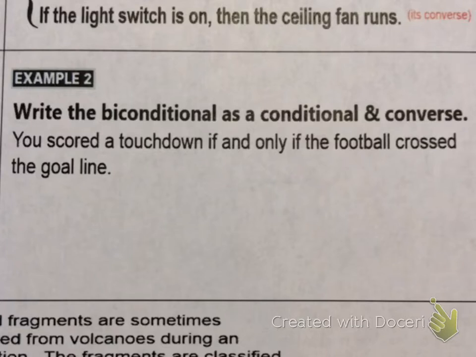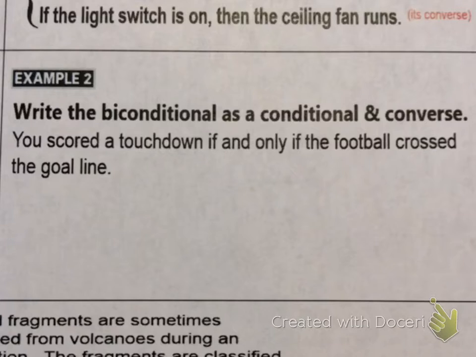Our first statement would be, if you scored a touchdown, then the football crossed the goal line. And then the second one would be, if the football crossed the goal line, then you scored a touchdown. So you have it frontwards and backwards with those if-then statements instead of the if and only if statement.